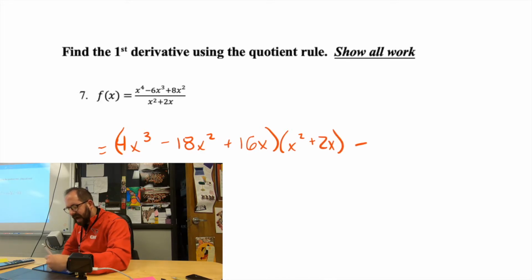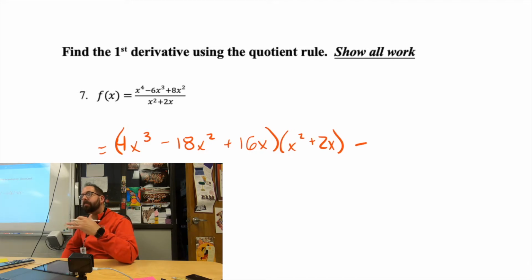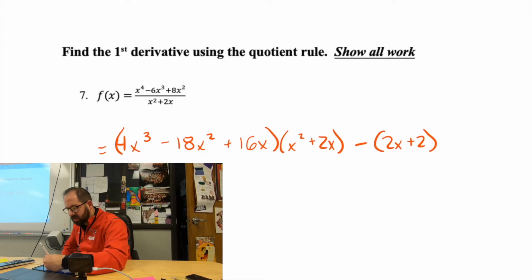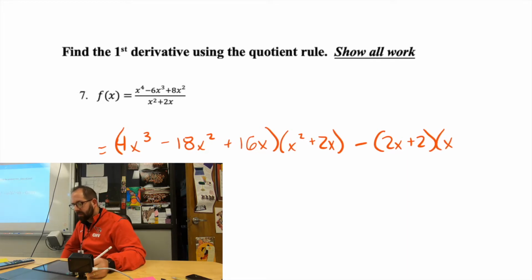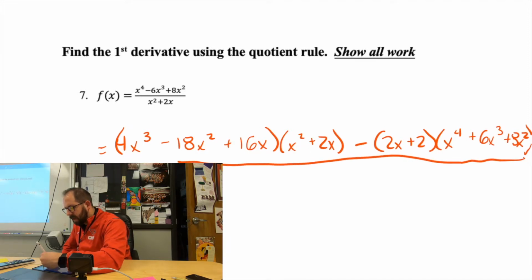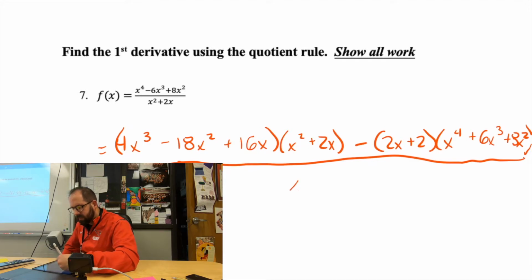Then we subtract the derivative of the bottom times the top. So 2x plus 2 times x fourth plus 6x to the third plus 8x squared. And then we put it all over the bottom squared, which is this.